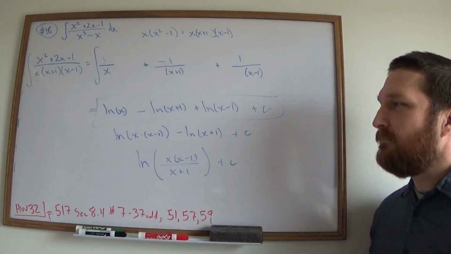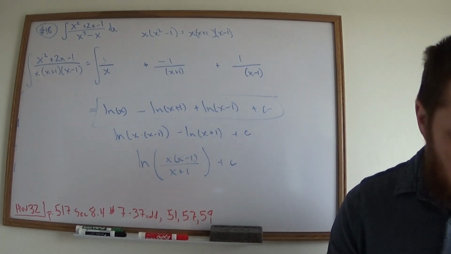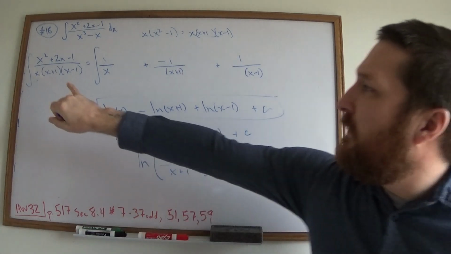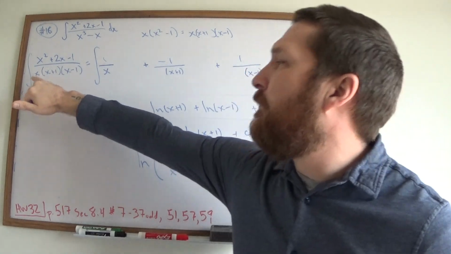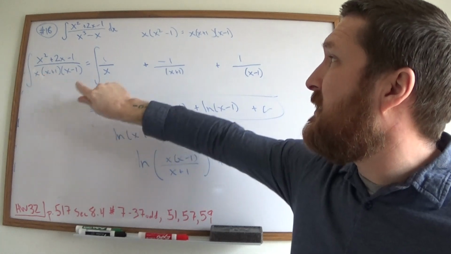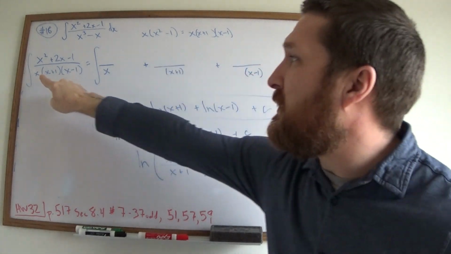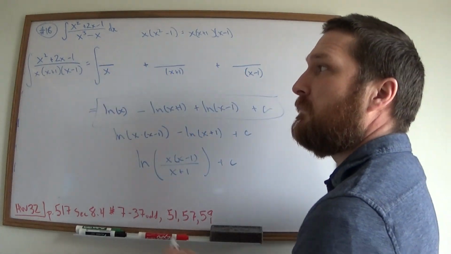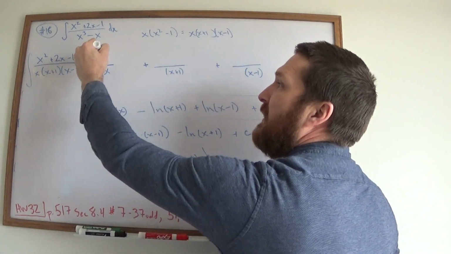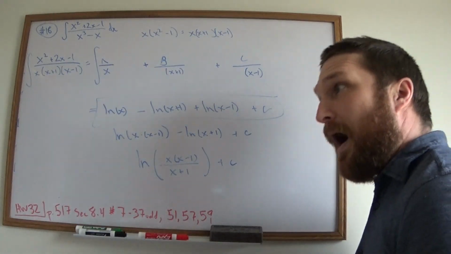Okay, so that's what you do. Note, if all of the factors are linear and distinct, then it breaks down into just constants. You do each one of them one time, and then it's just constant A, constant B, constant C. Why?